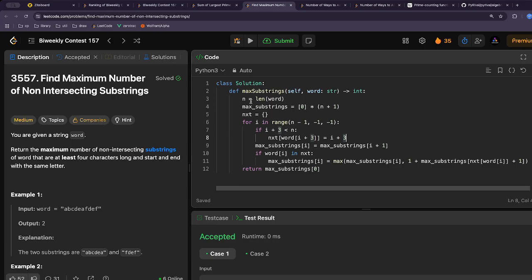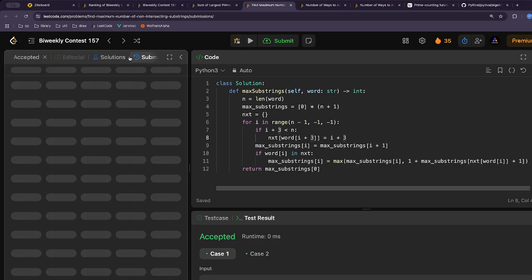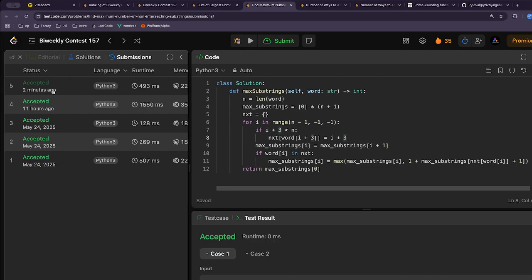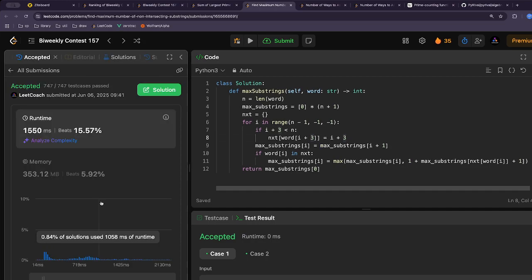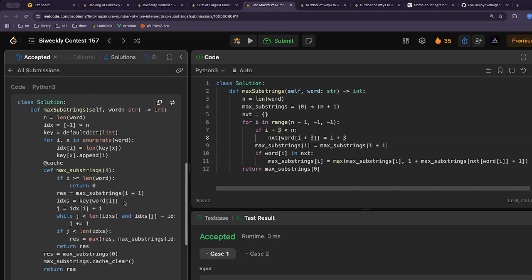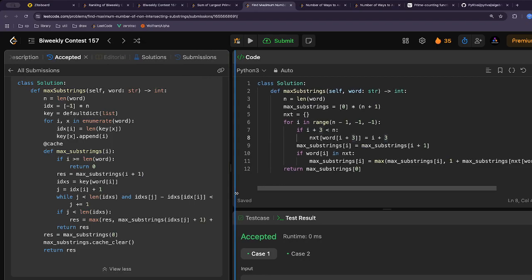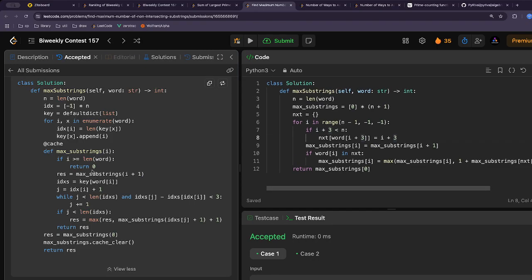So I did it in a different way. So here, maybe we can see it here. This is how I did it with DP, where I mean, it's complicated, but it doesn't require binary search.